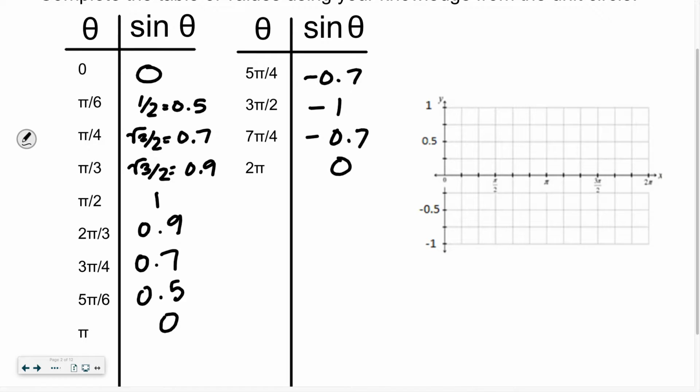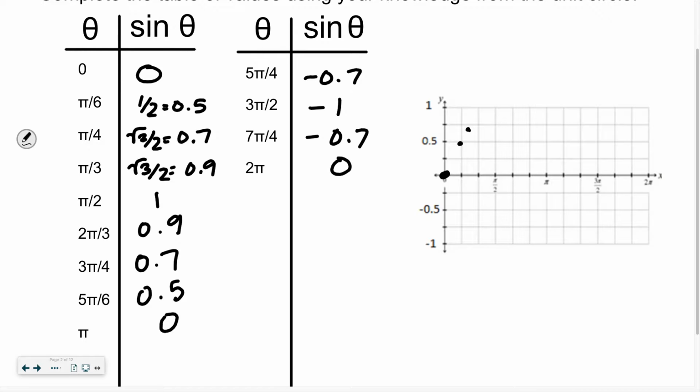So if I was plotting that first point 0, 0, that would be at the origin. Pi over 6, 1/2 would be something like right here. And pi fourths 0.7 would be something right here.